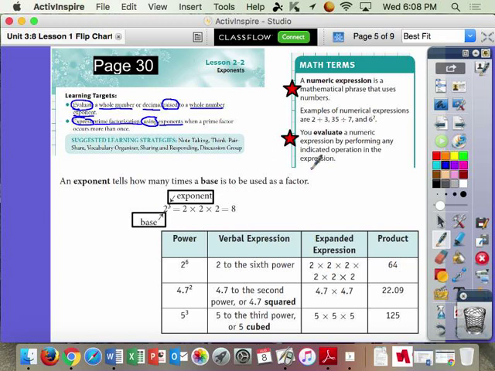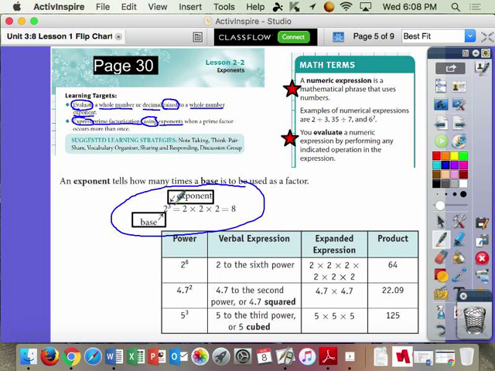Okay? So the other thing I want you to do is this middle part right here where it has the exponent and the base. This is super duper important. So I don't know if you want to star it. I don't know if you want to take a big circle around it. I put a little box, whatever you want to do. So the base is basically the big number and the exponent is that little number up top.